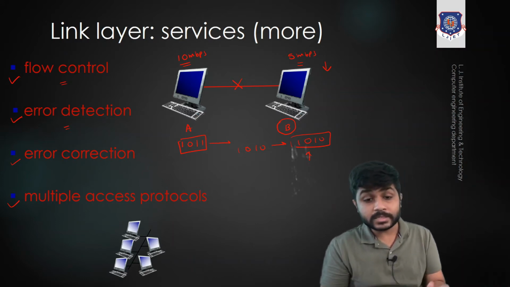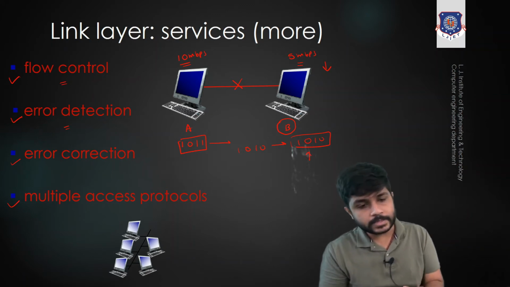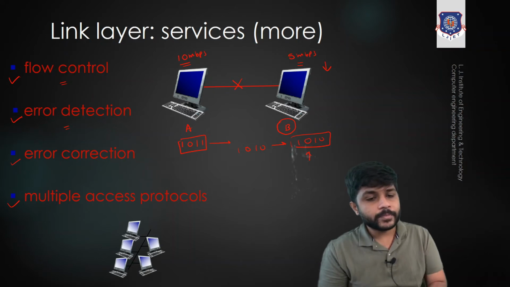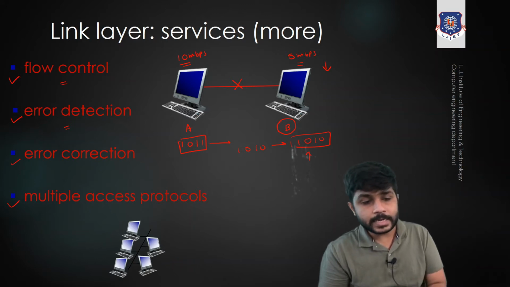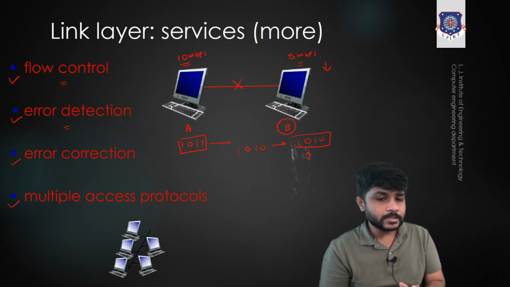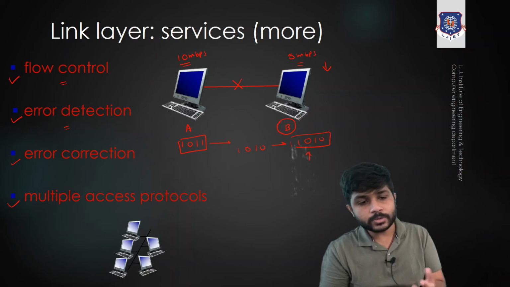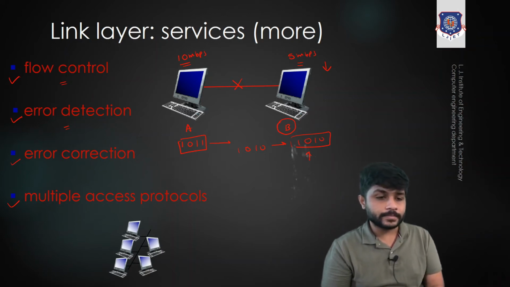There are many methods available for error detection that we will discuss in detail, but right now we are discussing a brief introduction to each responsibility of the data link layer. So error detection means that the receiver should be able to detect an error if one is present in the data.